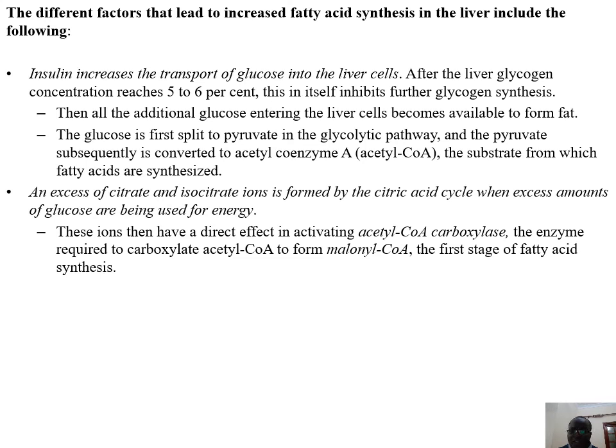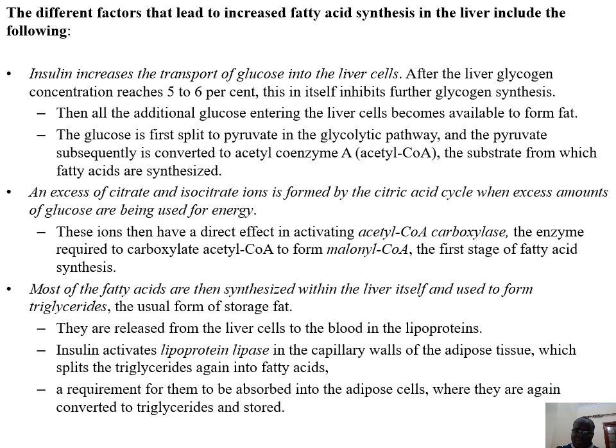These ions then have a direct effect in activating acetyl coenzyme A carboxylase, the enzyme required to carboxylate acetyl coenzyme A to form malonyl coenzyme A. So the acetyl coenzyme A is converted into malonyl coenzyme A, the first stage of fatty acid synthesis.